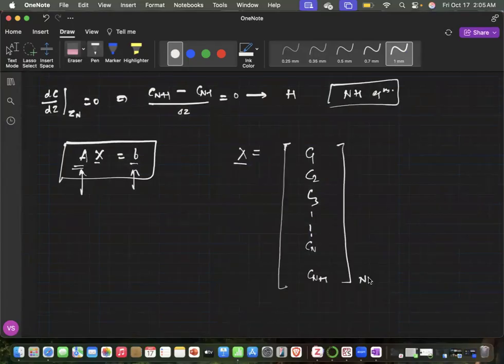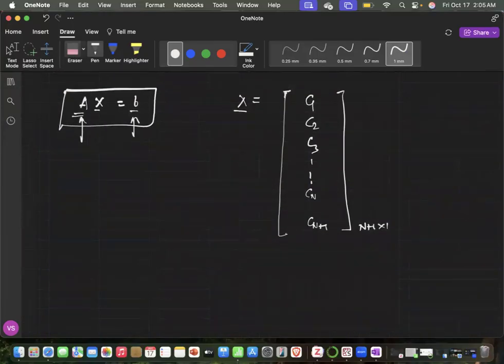So this is an n plus 1 cross 1 vector. A is going to have n plus 1 equations that we'll be including here. So A is going to be an n plus 1 cross n plus 1 matrix, and therefore B over here is going to be an n plus 1 cross 1 vector, right?